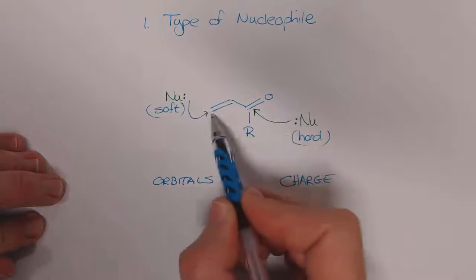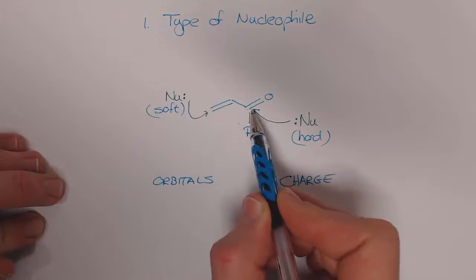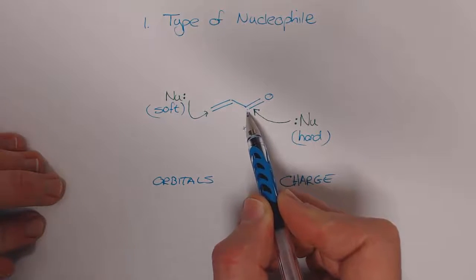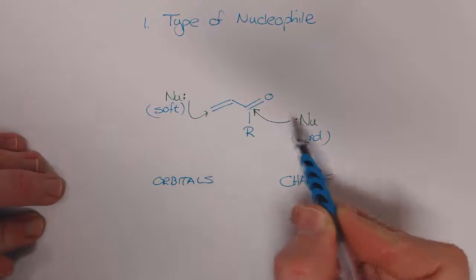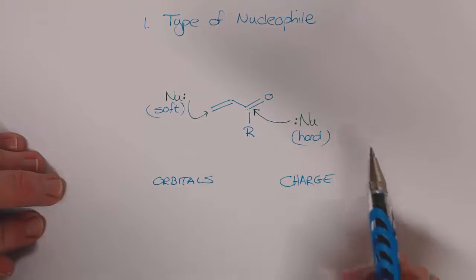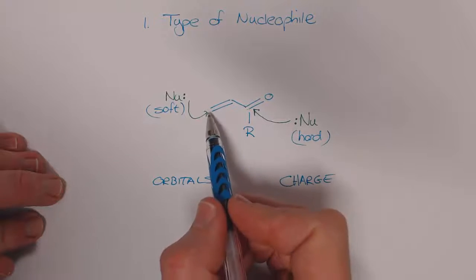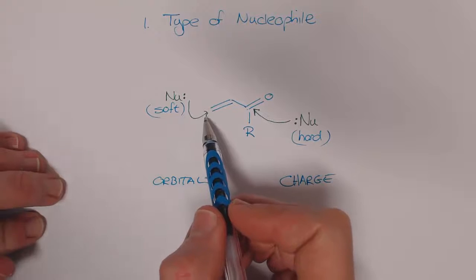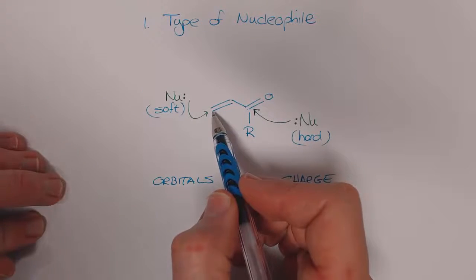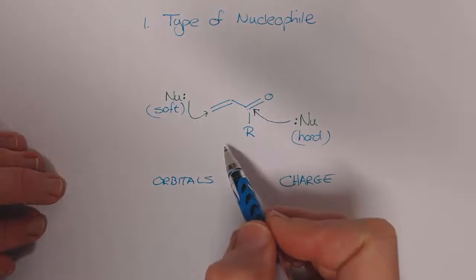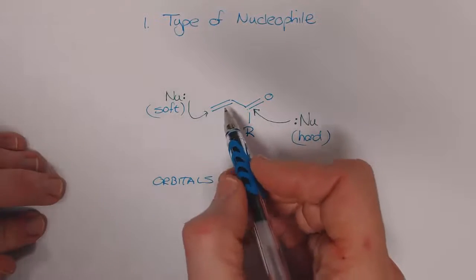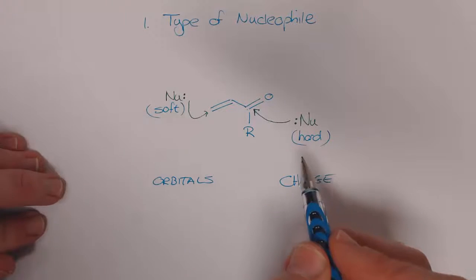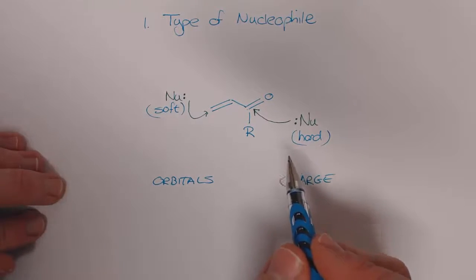So we can draw the resonance structure that seems to show there's two pluses on both carbons, but because this is bonded to the oxygen, it's much more positive over here. So this carbon is affected more by nucleophiles which are hard, which are charge driven. And the difference over here is that this carbon over here is driven by orbitals. Technically, in the language of frontier molecular orbital theory, this carbon has the largest coefficient in the LUMO. You can go and look that up in your textbook to read up a bit more about what that means.